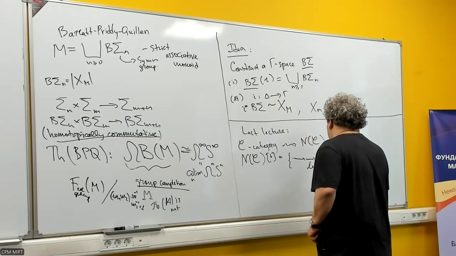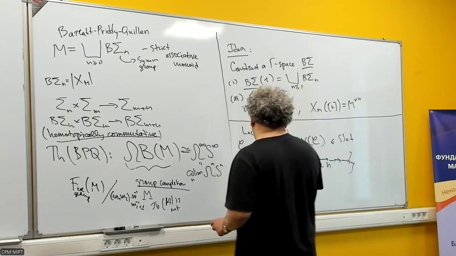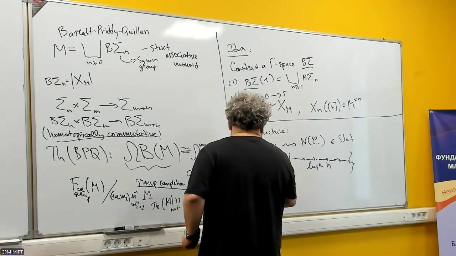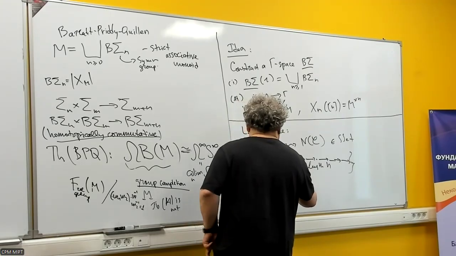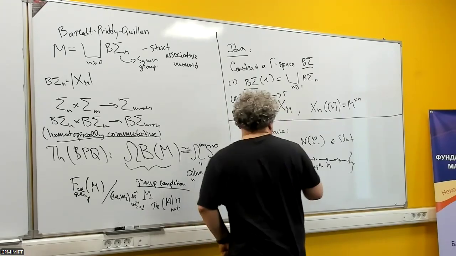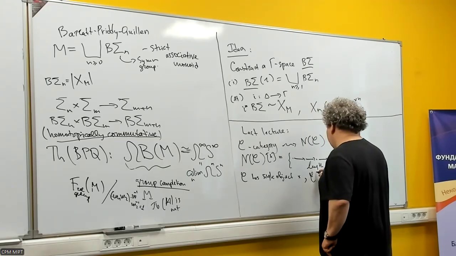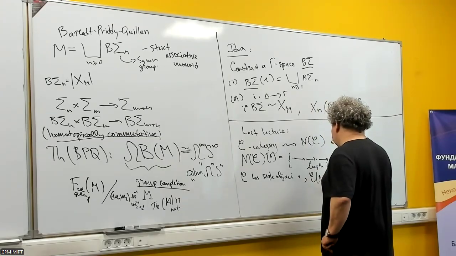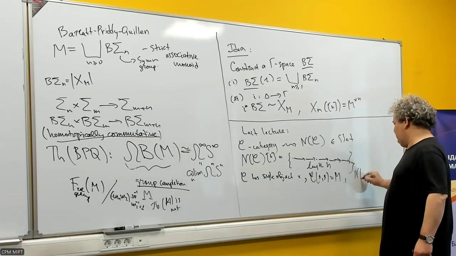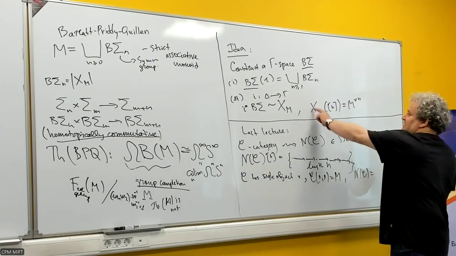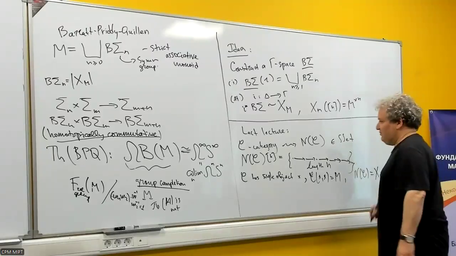So then in particular, if my category C has a single object, denoted star, and Hom_C from this object to itself is a monoid, my monoid, then this construction N of C is the same as this X_M which I defined before.